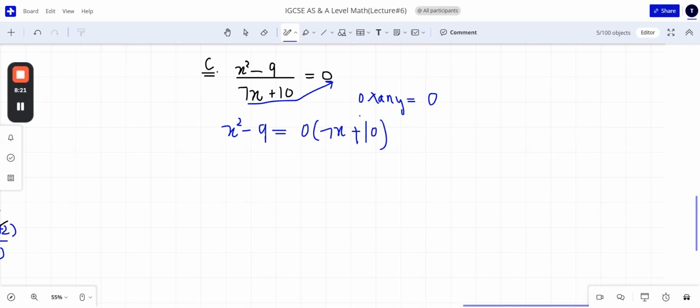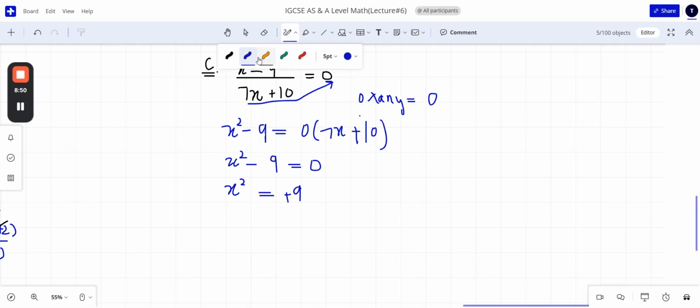So x square minus 9 equals 0. Here we will shift the constant to the other side of the equal sign, so it becomes plus 9. After that we need to take the root on both sides to remove the square.